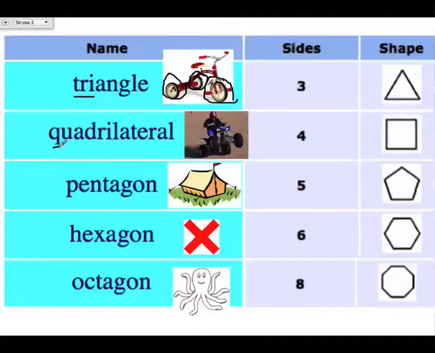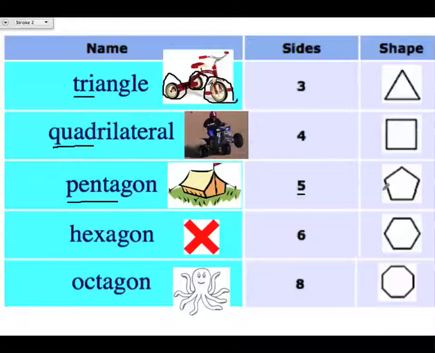Now a quadrilateral, quad, has 4 sides. So you can think of those kind of motorcycles that have 4 wheels. They're called quads. And it's a shape with 4 sides. Then there's a pentagon. Penta means 5.